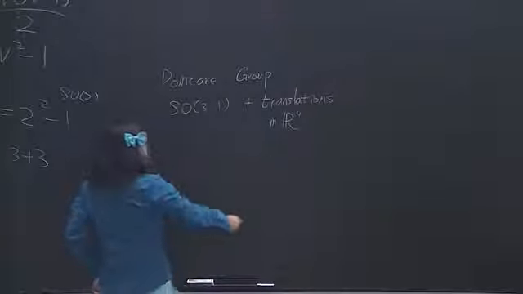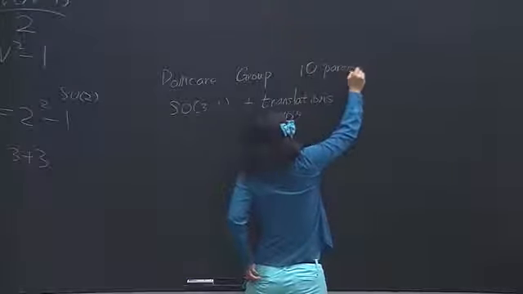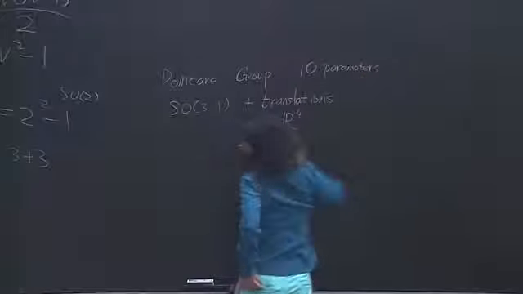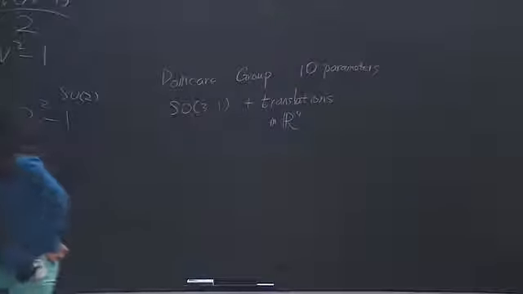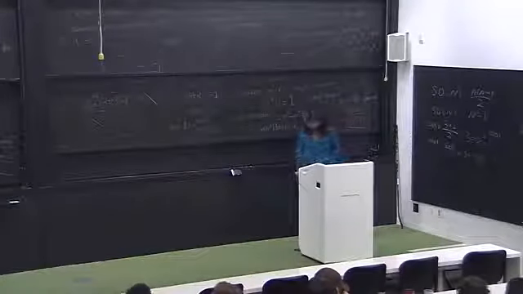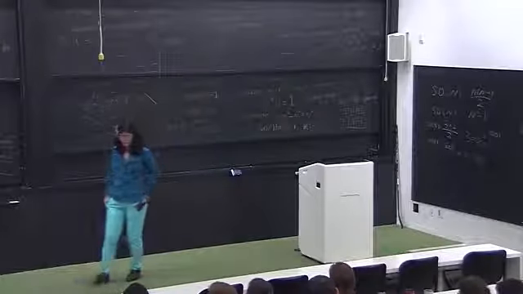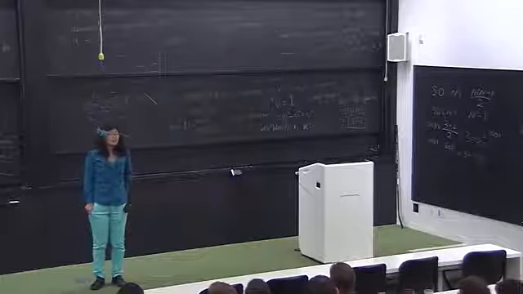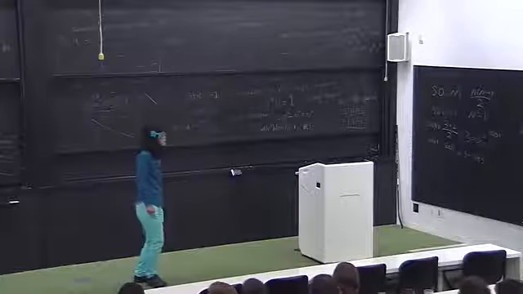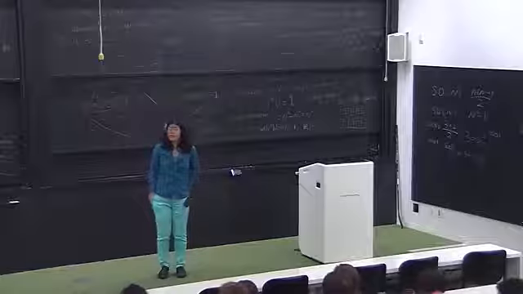So this way, this one has 10 parameters. And tomorrow you will see the gory details of how to find out all the structure constants, all the Lie algebra of Poincaré group. According to Freddy Casasso, everybody should do that calculation once. It's not that hard, but it has a lot of index manipulation. Okay, so I guess we're done.